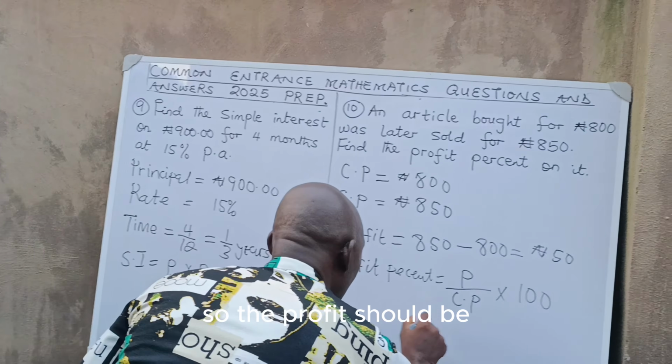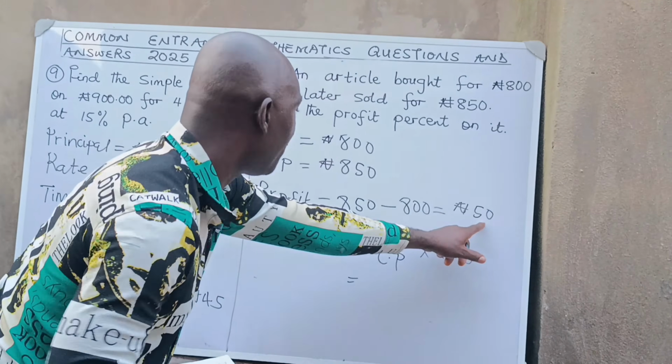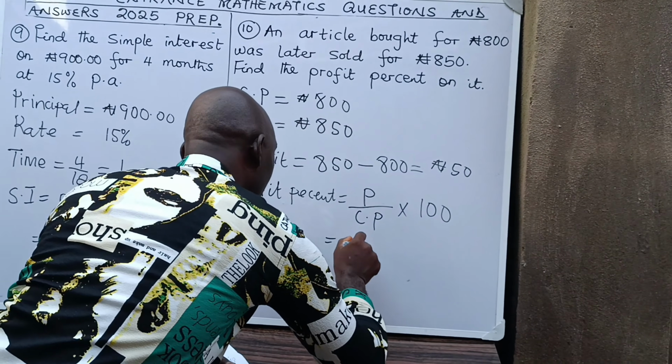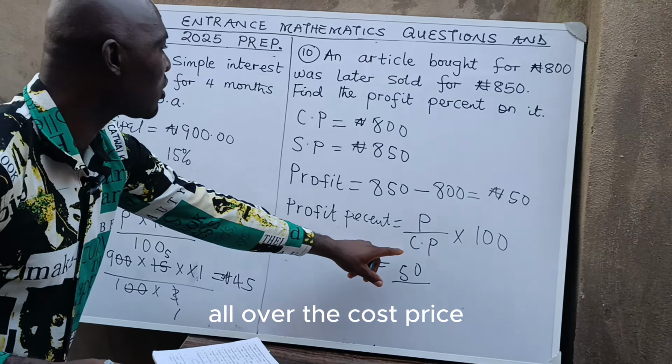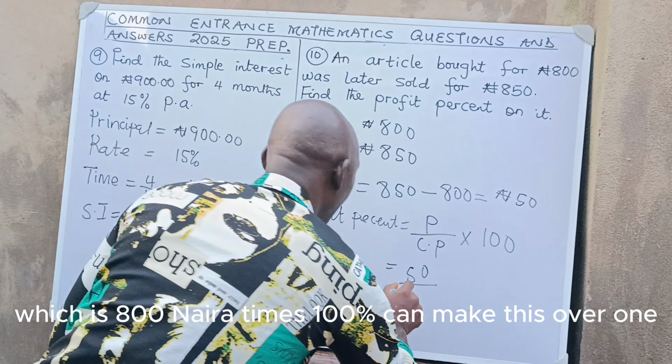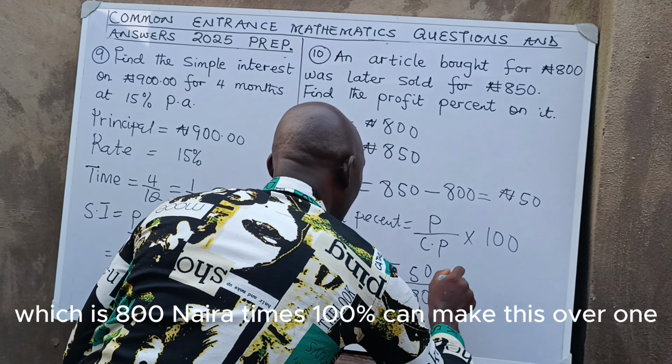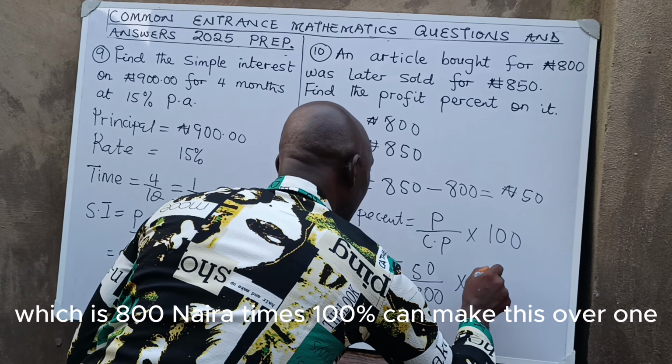So the profit will be 50 naira all over the cost price, which is 800 naira, times 100%.